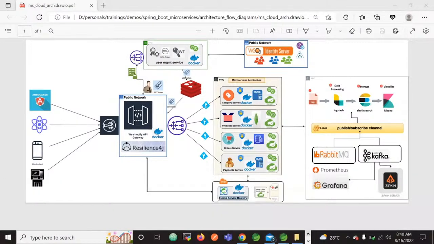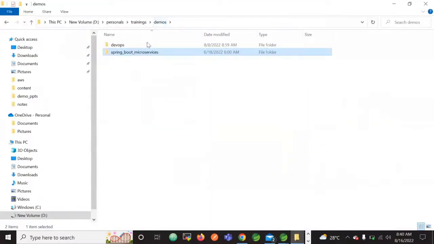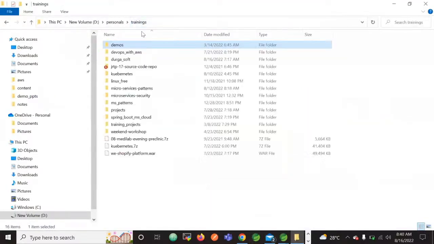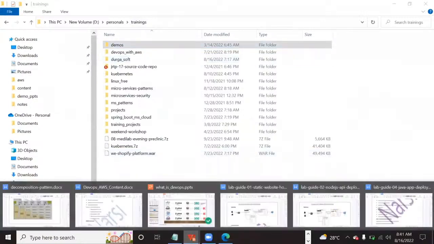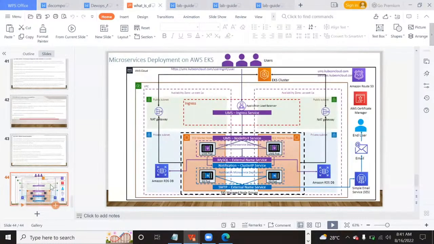Let me showcase the final production architecture. So this is the final production architecture.